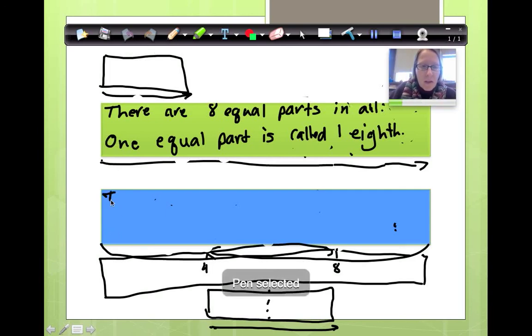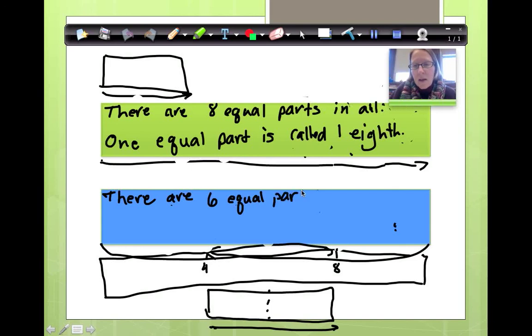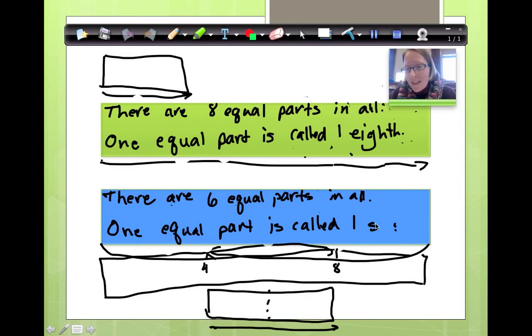There are how many equal parts? 6 equal parts in all. 1 equal part is called 1/6. Period. Good. Now you've done all your fraction strips.